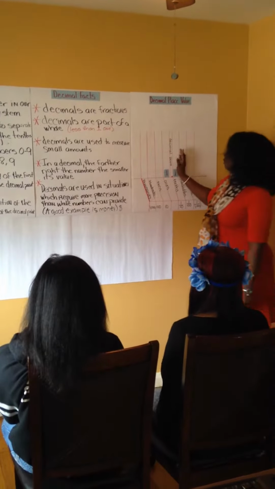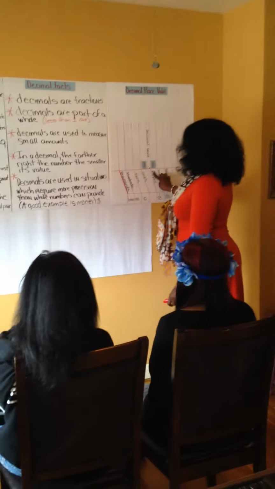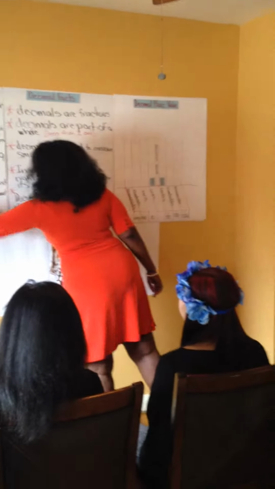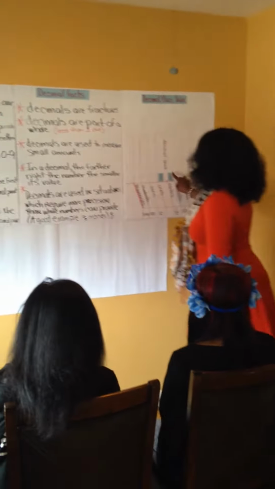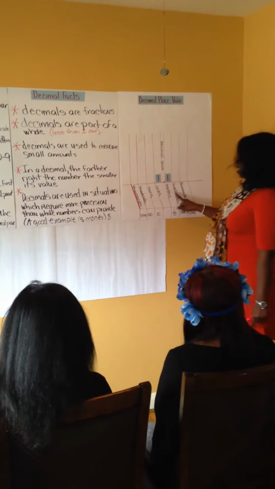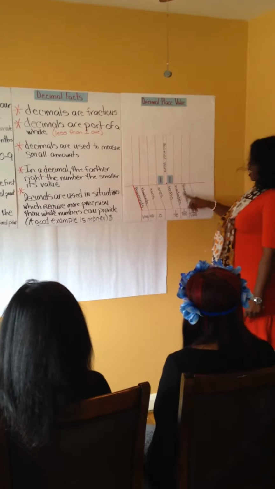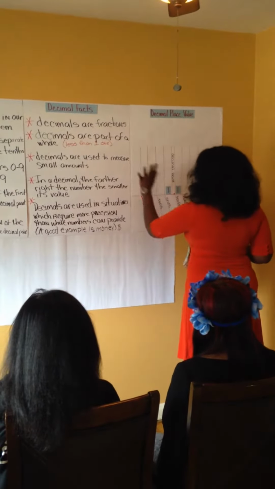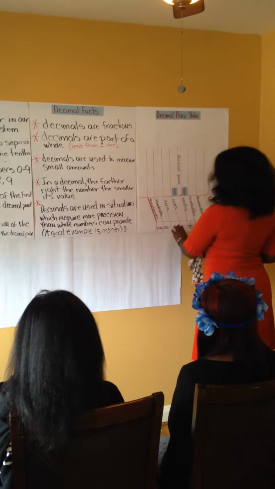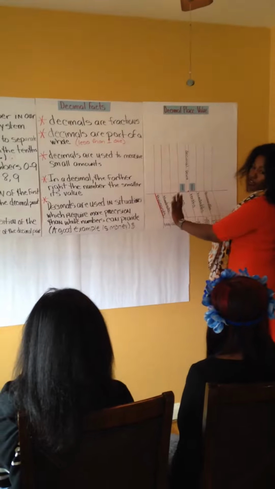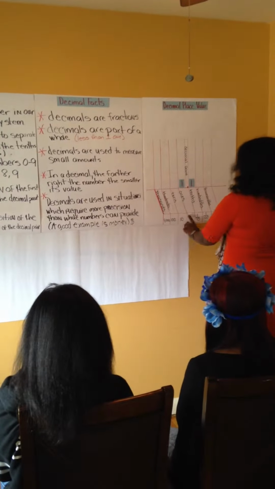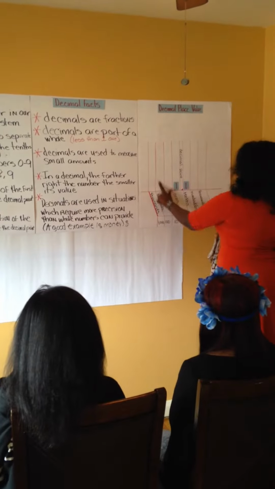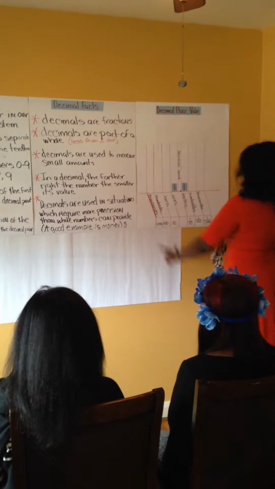The first position to the right of the decimal is the 10th place, okay? Second, hundredths. Third, thousandths, okay? And we know anything to the left of the decimal are whole numbers. You learned this back in first and second grade, okay? Our ones, tens, hundreds, and thousands place, okay?